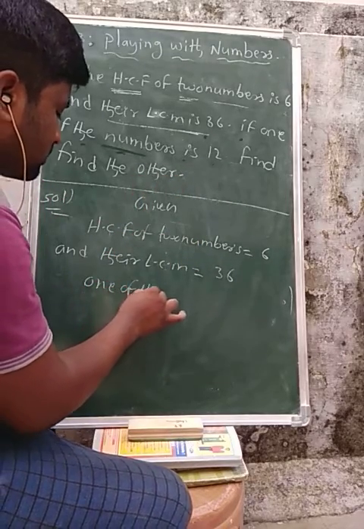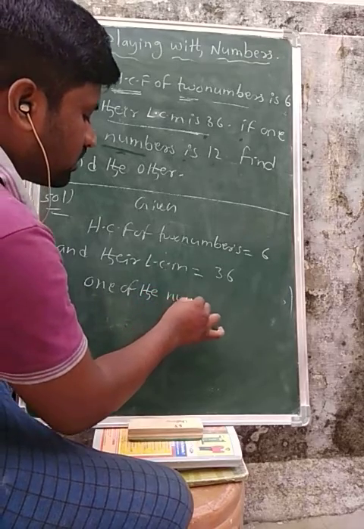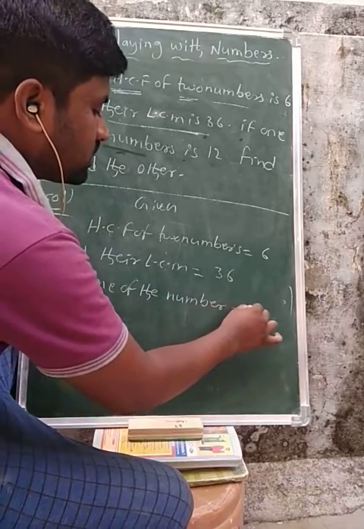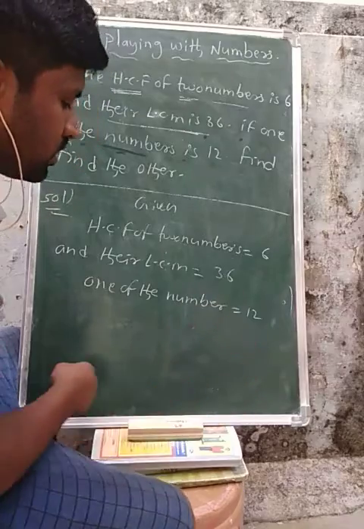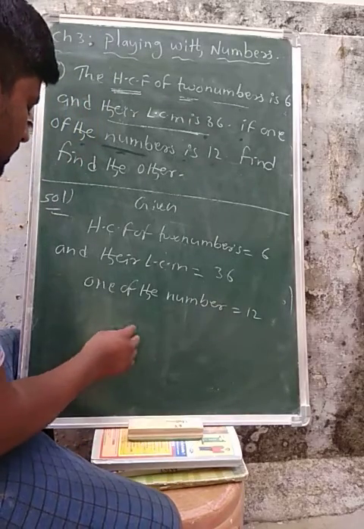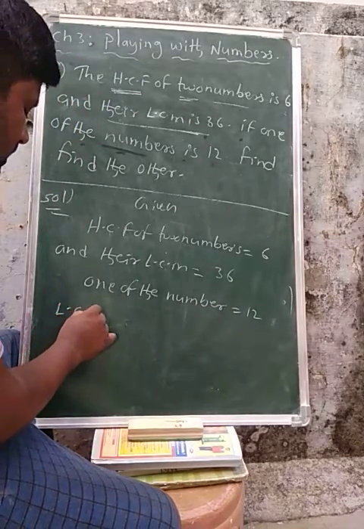One of the numbers is equal to 12, find the other number. We have a relation. What is that one?